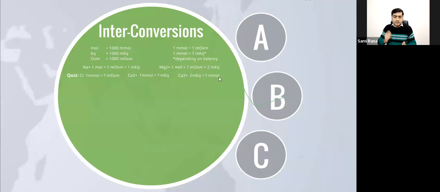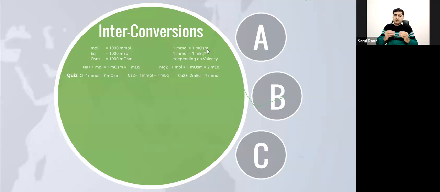The relationship between millimoles and milliosmoles is constant. No, not 2 millimoles, Sajid Iqbal. I'm repeating this. The relationship between millimoles and milliosmoles is always constant. So when we talk about 1 millimole, that means 1 milliosmole.